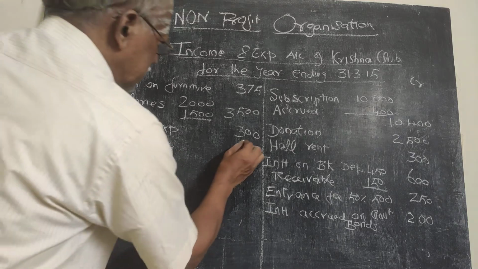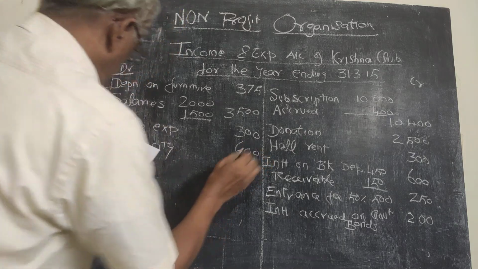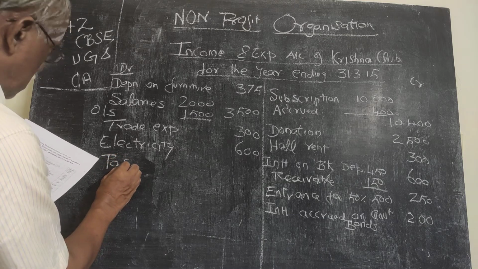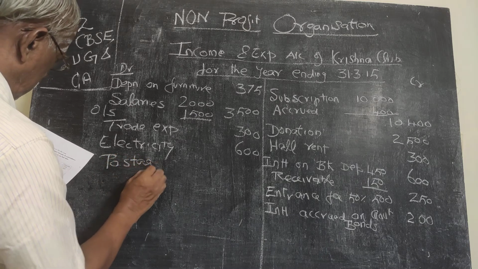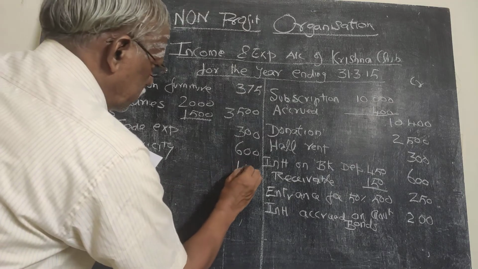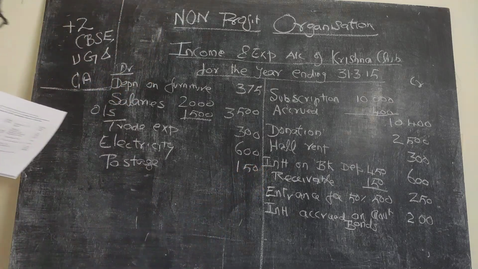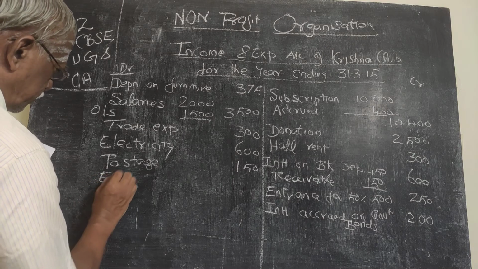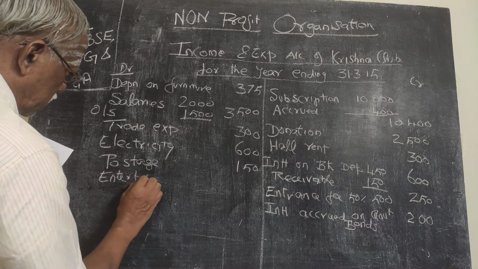Electricity expense given 600. Postage and stationery 150. Books won't be coming. Entertainment expenses, there is an adjustment.